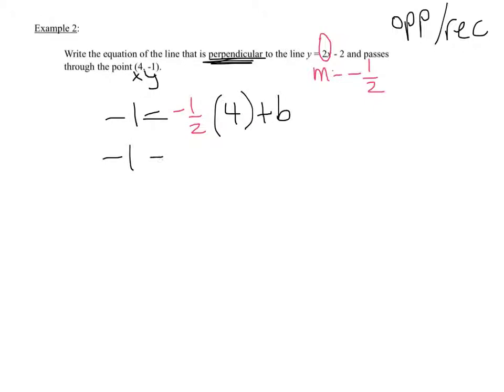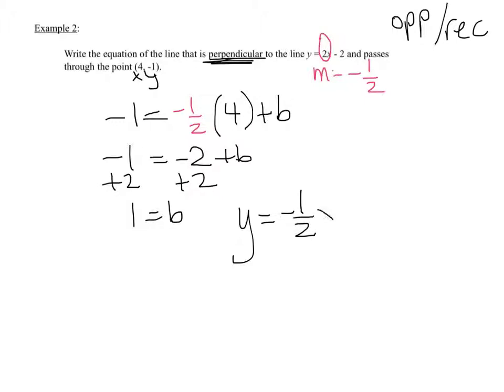So I have negative 1 is equal to negative 2 plus b. I'm going to add 2, and I get 1 is equal to b. So the line that is perpendicular to this line and passes through that point would be y equals negative 1/2 x plus 1.